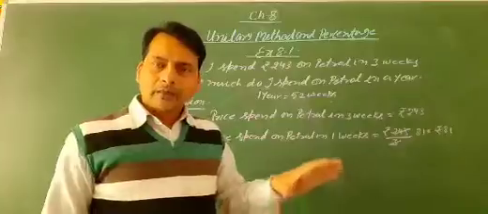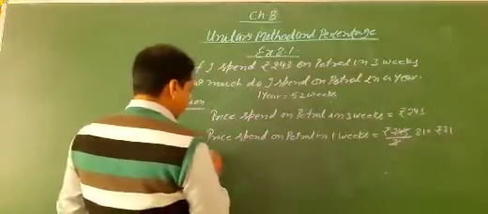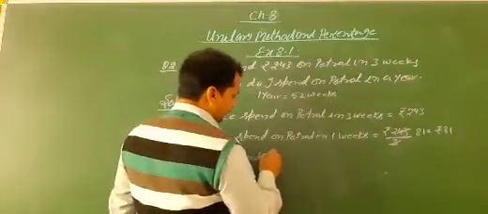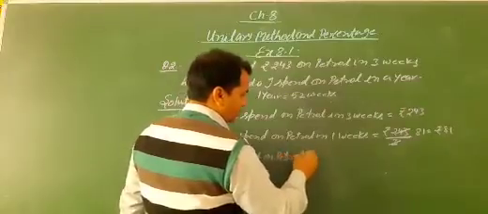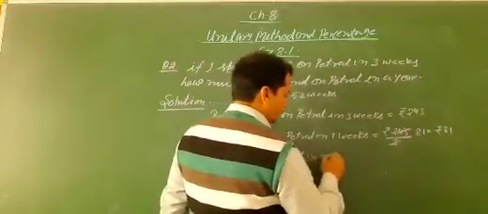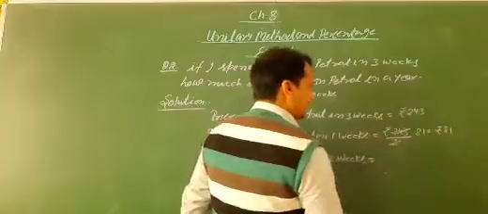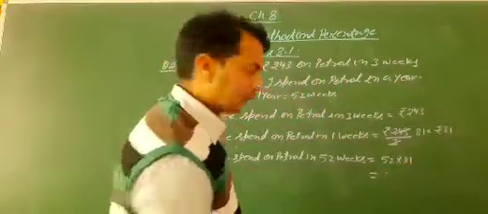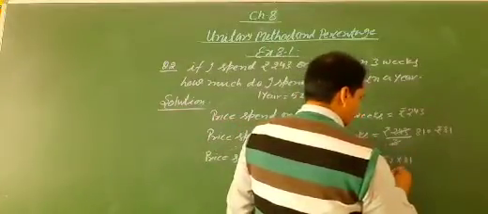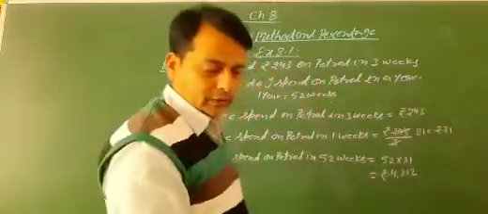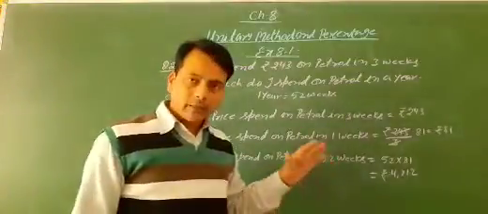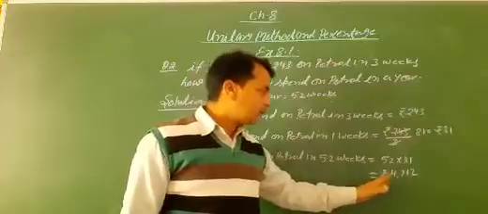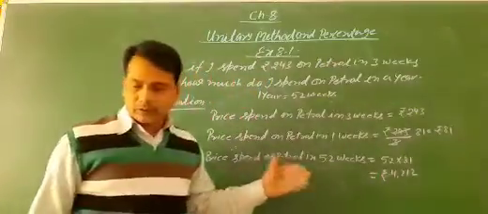Then the price spent on petrol in 52 weeks is 52 into 81, that is 4,212 rupees. So it is clear that the price spent on petrol in 1 year, in terms of the 52 weeks, is 4,212 rupees.